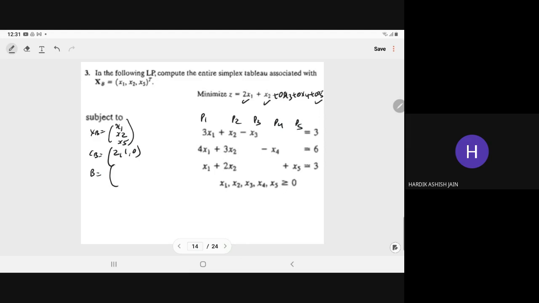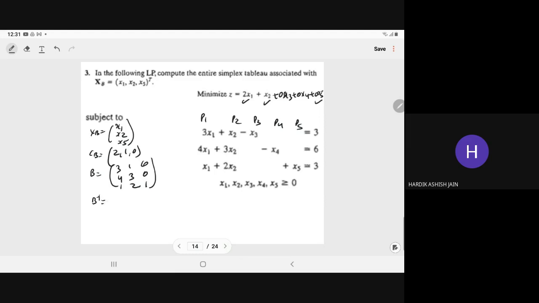Corresponding to x1, we have 3, 4, 1. Corresponding to x2, we have 1, 3, 2. And corresponding to x5, we have 0, 0, 1.